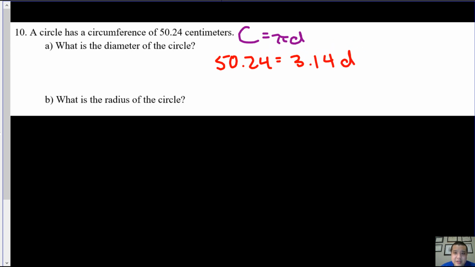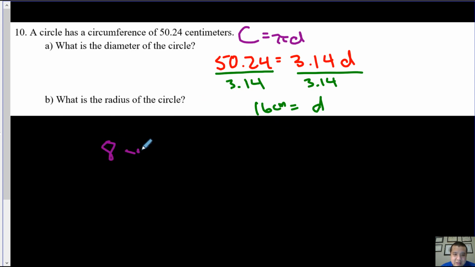To get d by itself, we have to divide both sides by 3.14, which means that the diameter is 16 centimeters. Okay. Then we have to find the radius of the circle. Remember the radius is half the diameter, so the radius is 8 centimeters. Just 8 centimeters, not 8 centimeters squared. Okay.